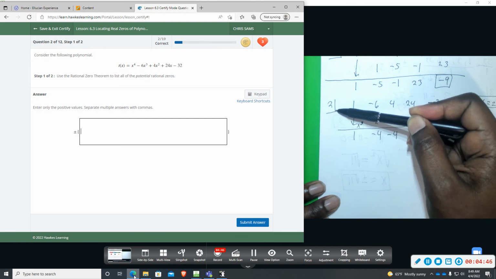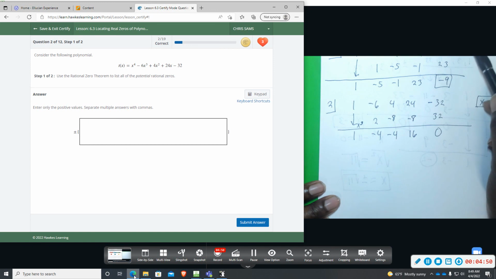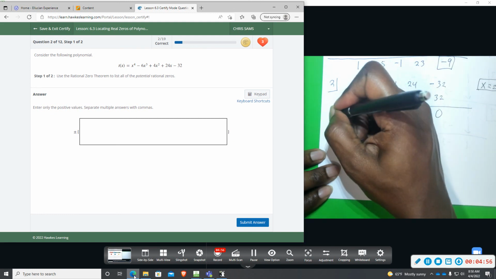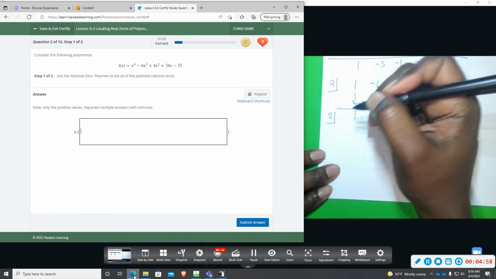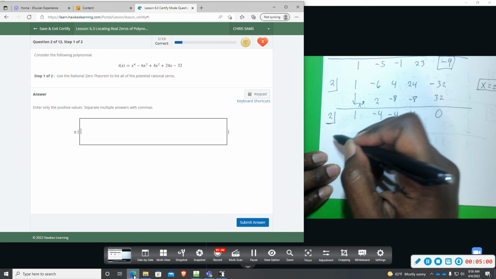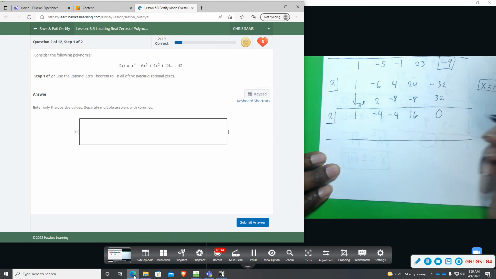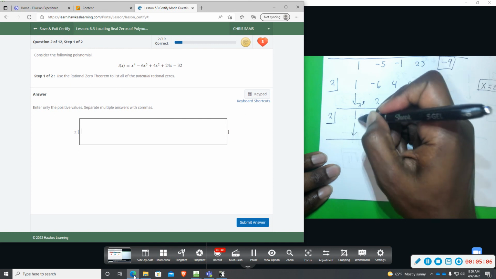I don't know if it's a double root, but I want to make sure it doesn't work before I move on to one of these other numbers. And if I conclude it's not a double root, then I'll move on to another number, and I can just continue from here. So I'm going to start here, bring down 1.